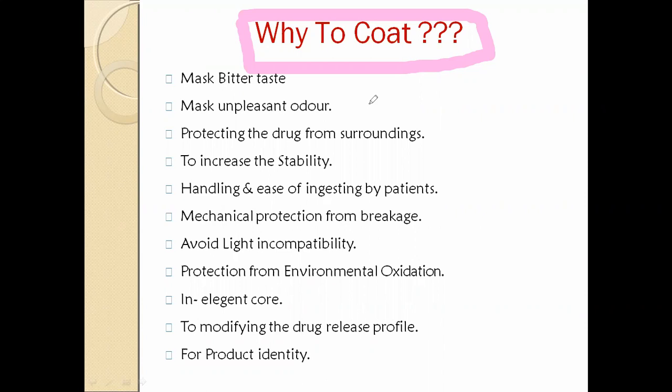There is a need that we have to coat, because when you go for coating, there will be an increase in the price of the product, because coating is an additional step which we apply with a basic intention. Either it can be protection or to give a certain type of benefits or properties to the dosage form to which we are going to apply the coat.